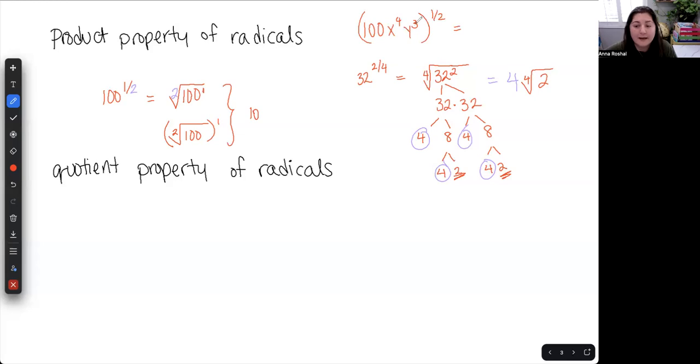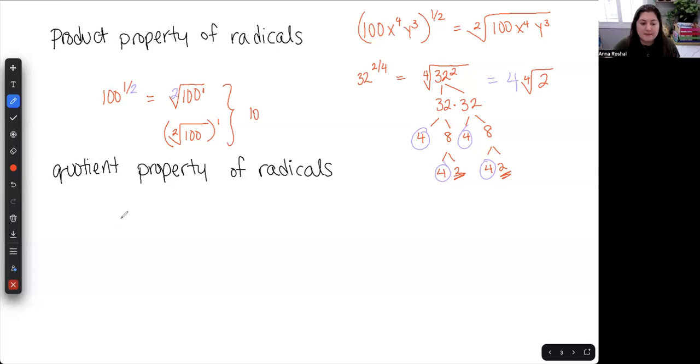That 1/2 can either get distributed, right? Or we can put it all into a radical of that. Okay, so everything is going to apply. This 1/2 is going to apply to all of my exponents, all of my different terms within that set of parentheses.